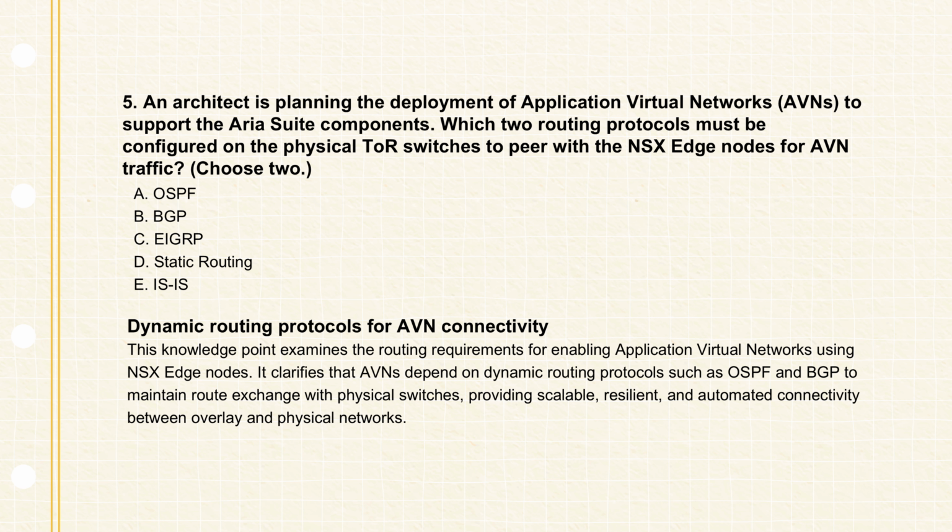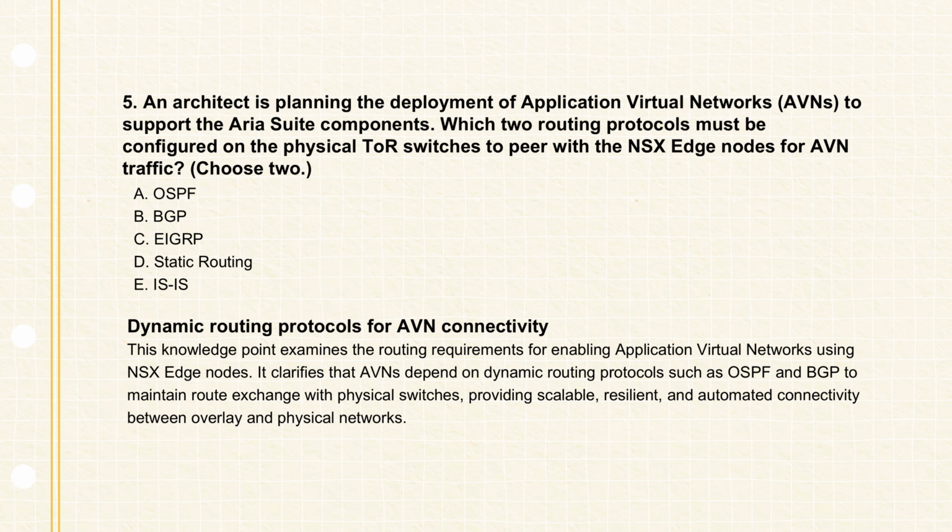Okay, moving on to connectivity. VCF's software-defined network, NSX, needs to advertise routes to the physical top-of-rack switches, especially for the application virtual networks, or AVNs. AVNs are so crucial here. They are the isolated virtual networks used by the infrastructure components themselves. Like vRLI or vCenter. Yes.